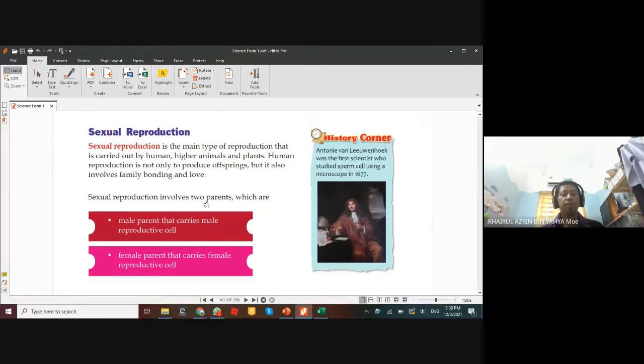Sexual reproduction involves two parents, which are the male parent that carries the male reproductive cell, and the female parent that carries the female reproductive cell. This one is history corner. Anthony van Leeuwenhoek was the first scientist who studied sperm cells using a microscope in 1677.